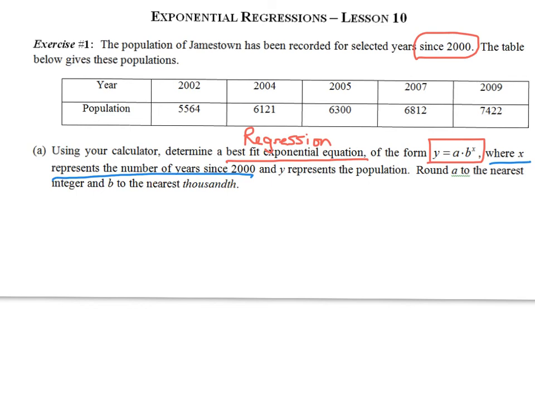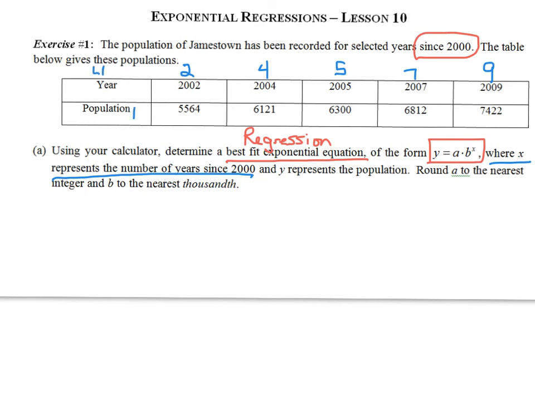Instead, I have to enter the values of years since 2000. So 2002, if I subtract 2000, I see that that's 2 years since 2000. 2004 would be 4 years since 2000. 5 years since 2000, 7 years, and 9 years. So those become the numbers that I'm going to enter in list 1.